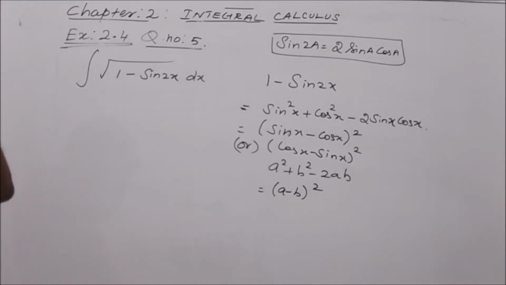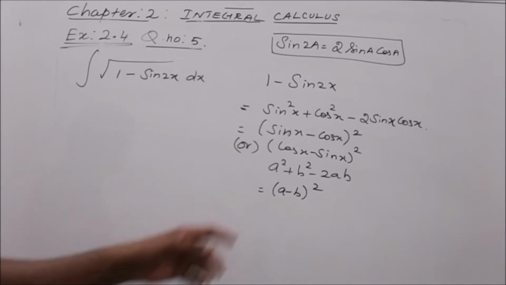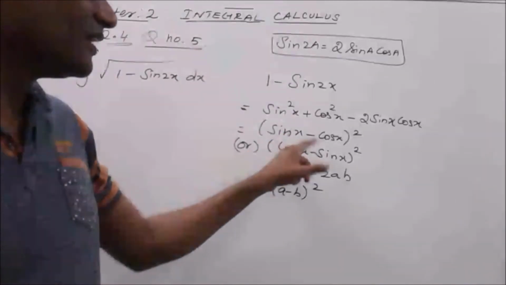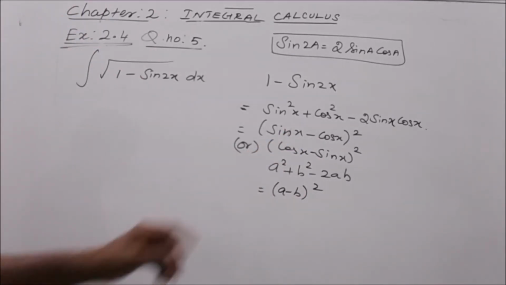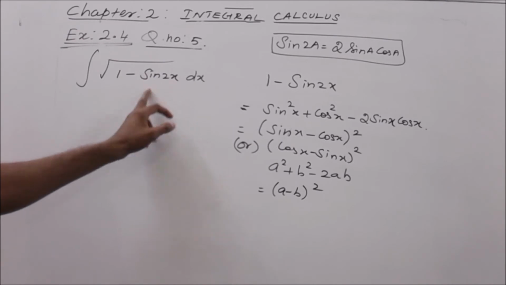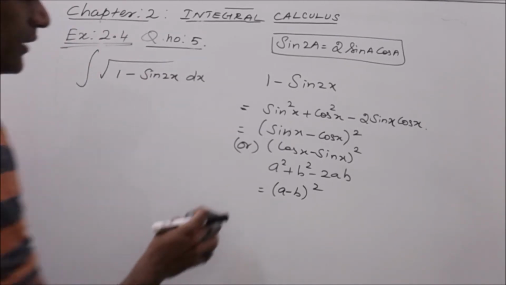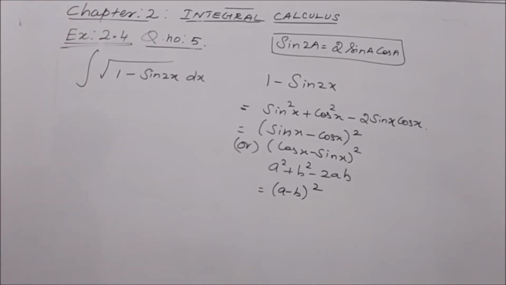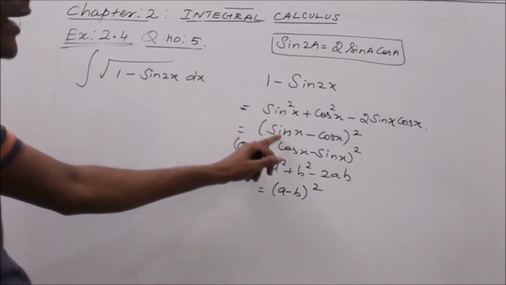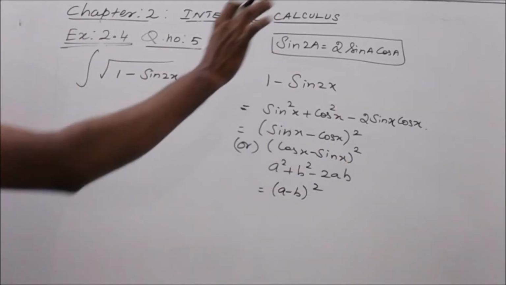When we write the final step, put plus or minus, because by changing the terms the answer will vary. For that purpose you can apply plus or minus to the answer. Here 1 minus sine 2x equals (sin x minus cos x) whole square, or (cos x minus sin x) whole square. Now apply square root.